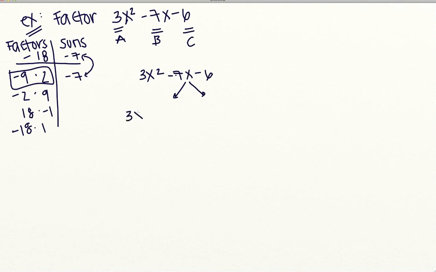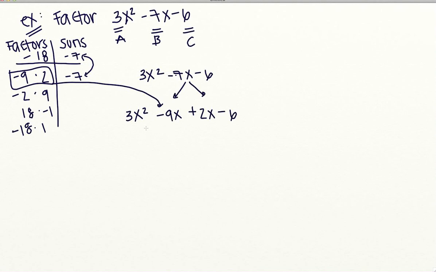So I have 3x squared minus 9x plus 2x minus 6. And do you see how I took the two factors I found, minus 9 and a positive 2, and I plugged them in here? But I'm not really changing anything because minus 9 plus 2 is minus 7.